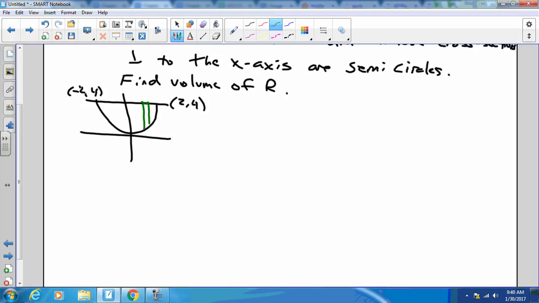So again, we draw our region R, and we draw for ourselves a representative cross-section. What changes about this is just one thing, the shape of the cross-section. So here's my cross-section, like so. Like that.